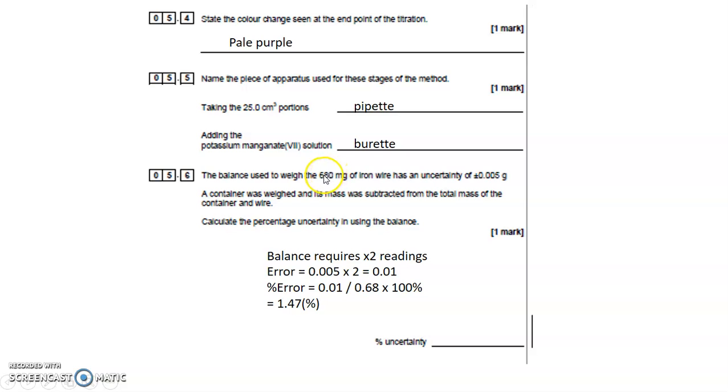So now then, this is in grams, so I'm saying that it's 0.005 times 2 grams is the uncertainty, so this has got to be in grams. The small unit value, like milligrams, up into grams, divided by 1,000, 0.68, and I multiply by 100% to get a percentage, 1.47%. Everything here is three significant figures, 680 milligrams, so let's have that as three significant figures, 1.47%.